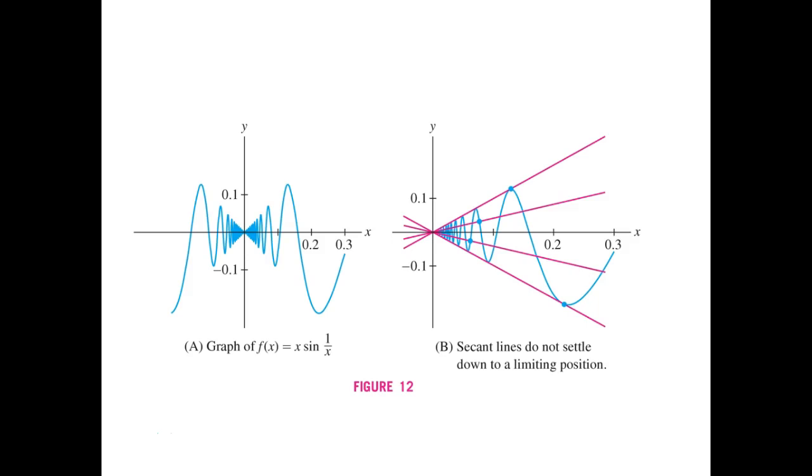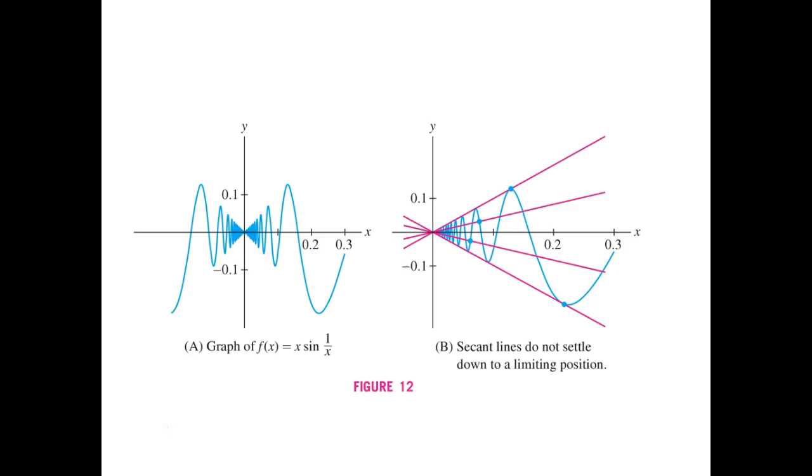And they pick out just some values here, and these are pretty small values too. No matter how small you got this scale, they always look like that. And you pick a secant line here, a secant line here, a secant line here, and all the secant lines, they never settle down. And you get closer and closer, they never settle down.